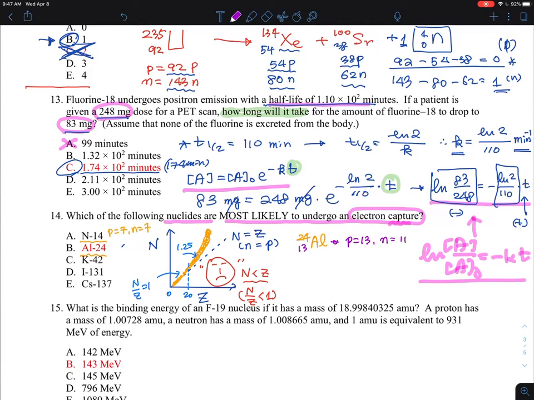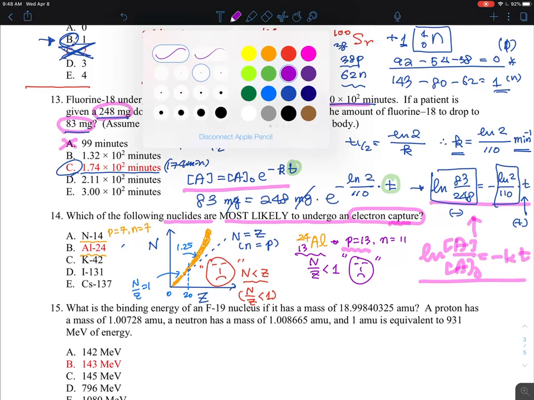So in this notation, N over Z for this aluminum is smaller than 1, and this is what I say: I'm not happy. I want to go to the other side, not to be on this side where I have a lot more protons than I need. How can I easily get rid of a proton? By combining it with an electron, you can turn a proton into a neutron by capturing the electron. This is what I briefly discussed before.